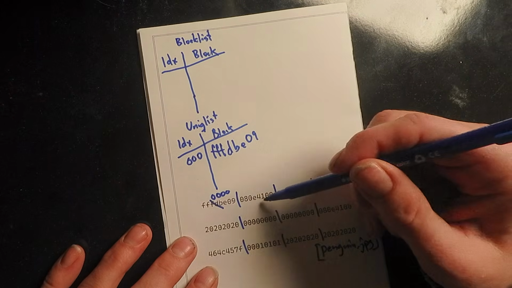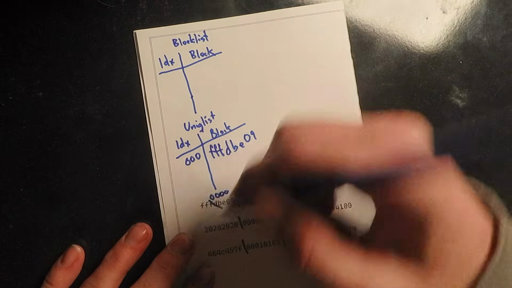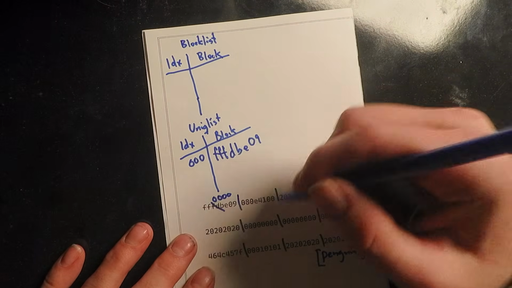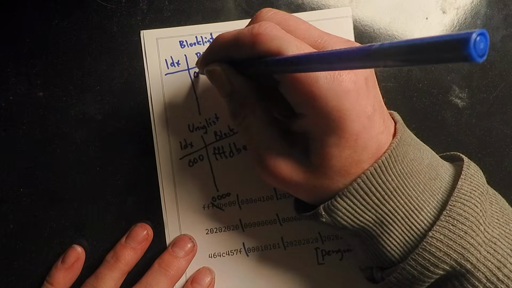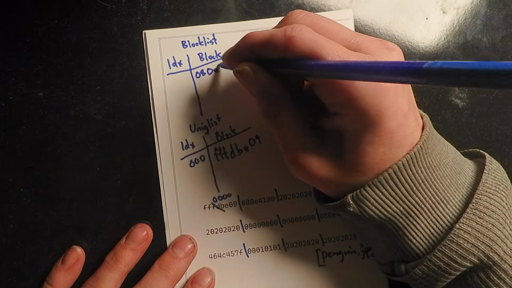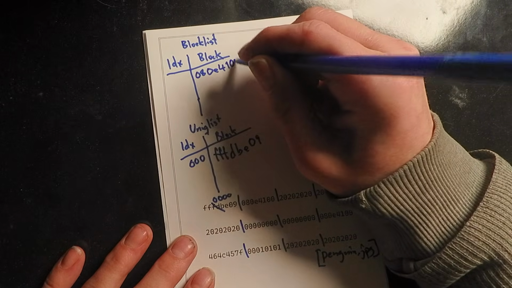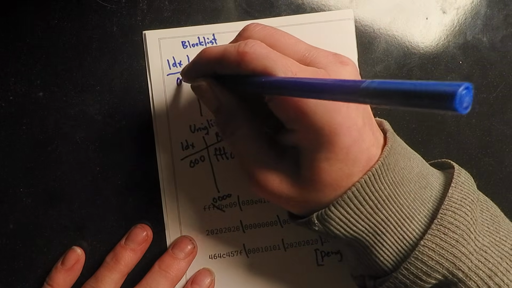This does exist in several places, which means that we do the same as with the first one, only we put it in the regular block list. So 080E4100. And same here, we give it a 12-bit index.